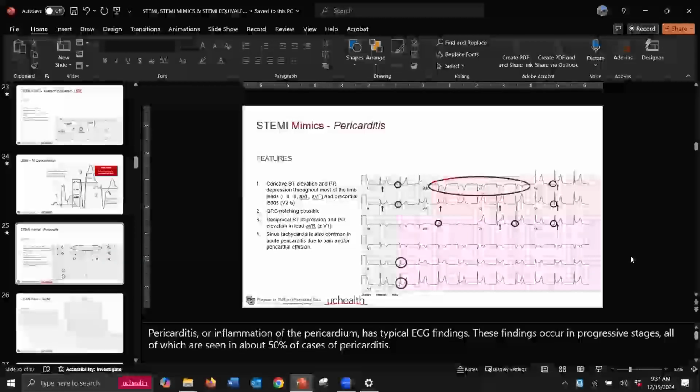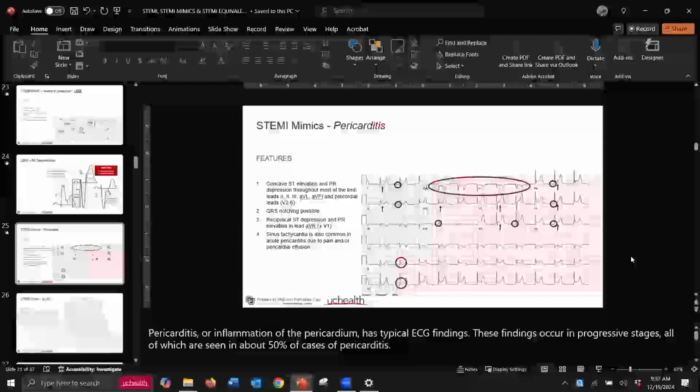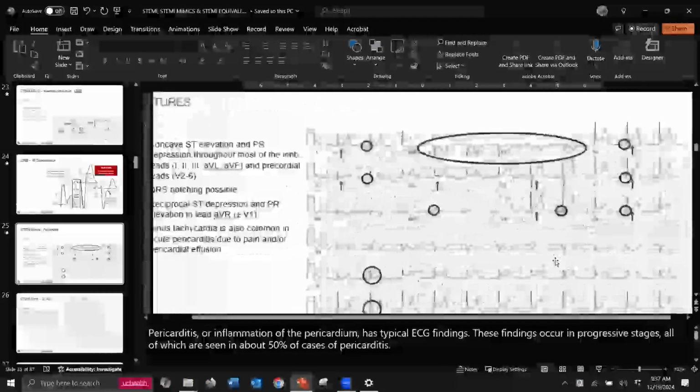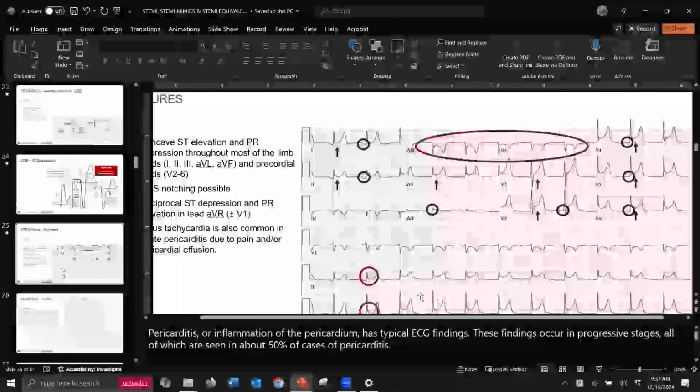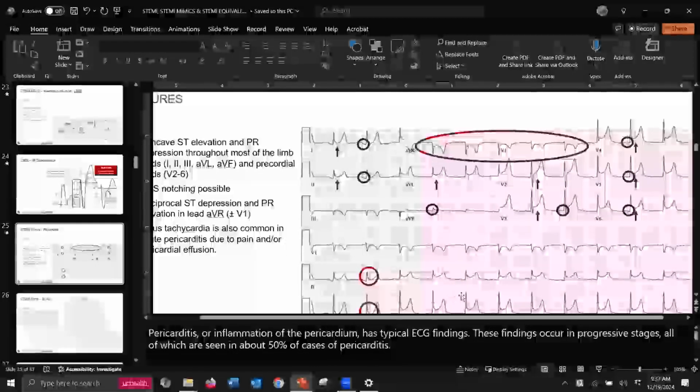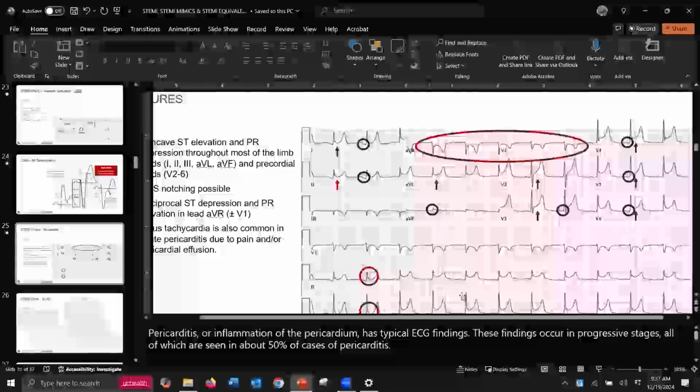Typically, if it is, you'll see some electrical alternans. Do y'all remember what that is? That's that change in amplitude of the QRS on the EKG. And we don't really see a lot of that here, right? If you draw a line straight across, see how this one's smaller than this one's up? You can get a beat-to-beat variation, right?